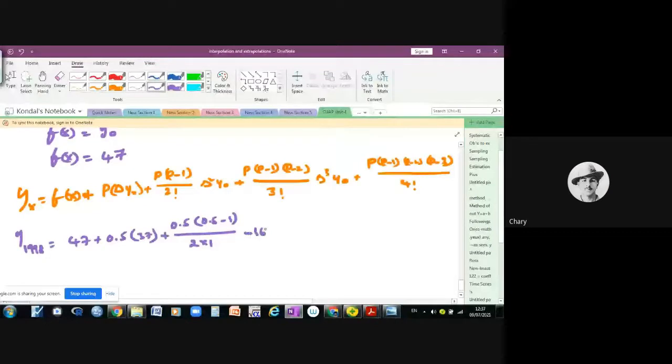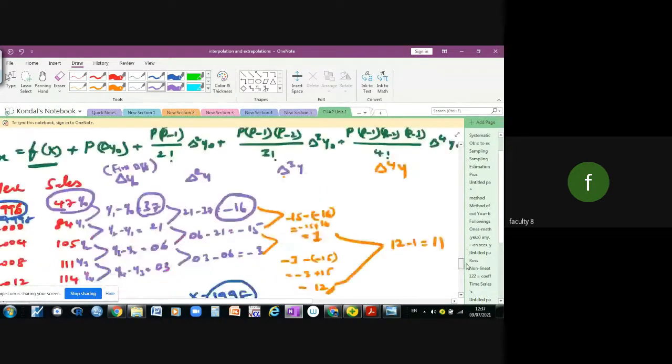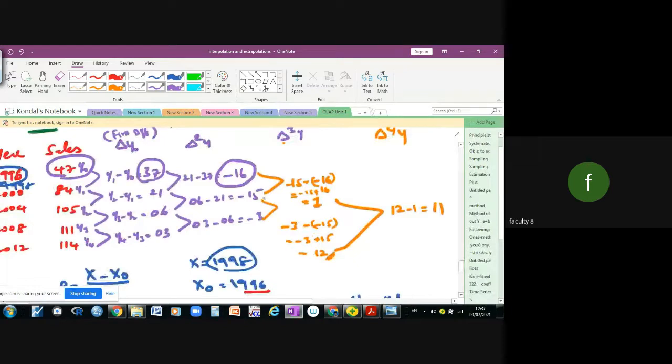Sir, why do we take the first value only, sir? Here we have taken only that, that's why I mentioned y0, that is the base value. Yeah, good question. See here, this is y0 and y1 and y2, right? So like that, y0, y1, y2, y3, y4. Here also, this is called y0, here y1, here y2. So here y0.